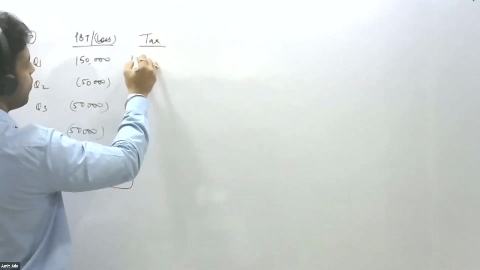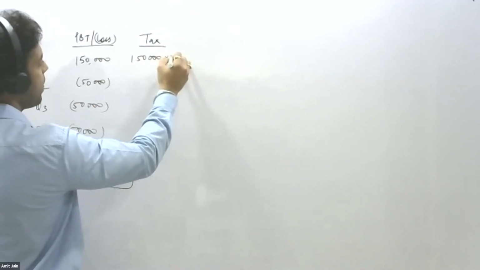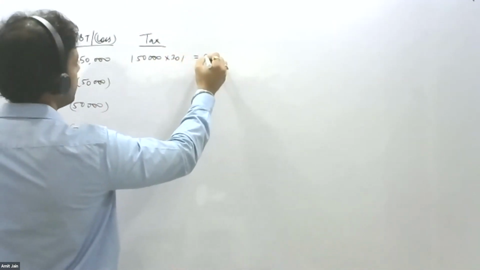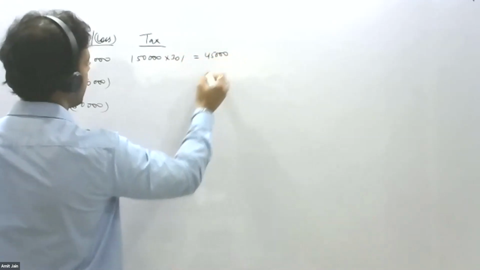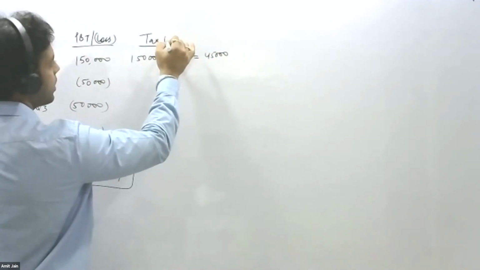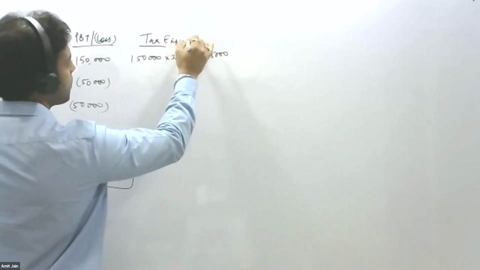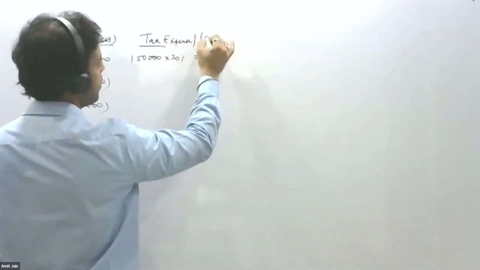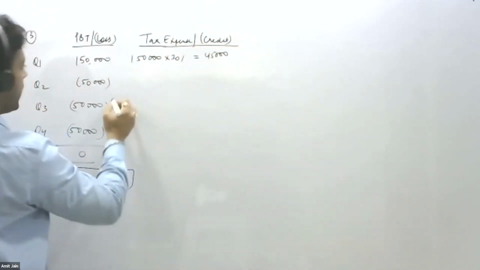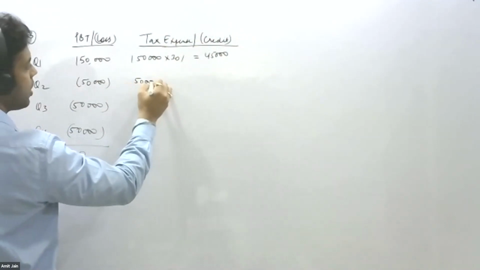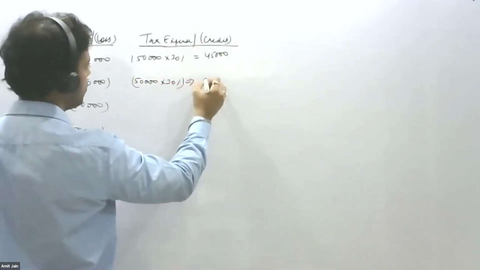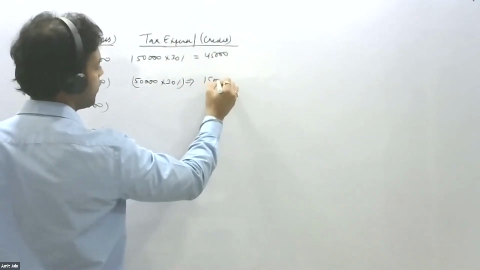So that means 1,50,000 multiplied by 30%, which is 45,000, right? And similarly, there will be a tax credit, tax expense, and this will be a credit, right? 50,000 multiplied by 30% is equal to 15,000.